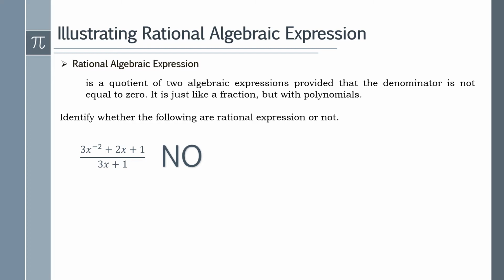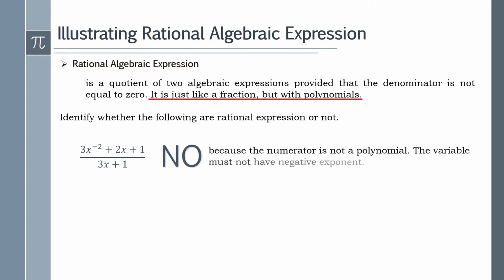Maybe you will ask, sir, why? Our expression is in a fraction form. Let's see. It says it is just like a fraction. Just because it is in fraction form does not make it a rational algebraic expression. Look, it says but with polynomials. So let's check if our expressions are polynomials. The numerator is not a polynomial because the variable must not have negative exponents.